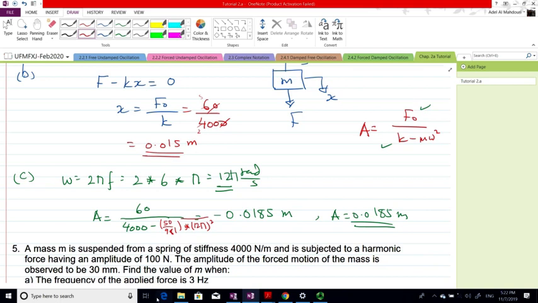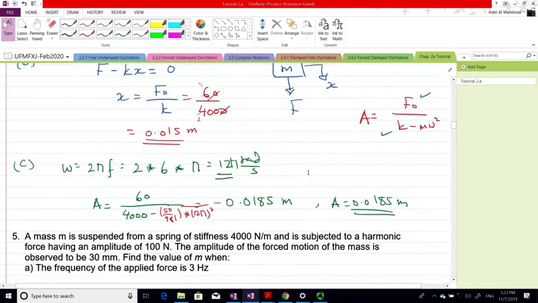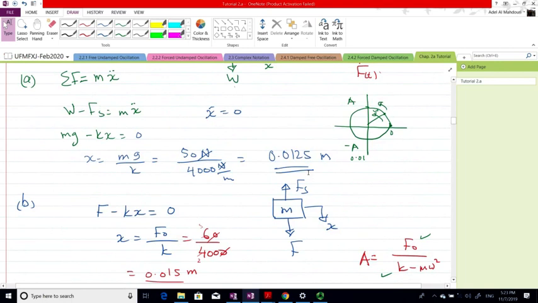Good that you are trying. That means you understand why positive or negative. Because what we get now is negative, right? Why did you change it to negative? Both are correct, because it's going to be minus 0.0185 or 0.0185.